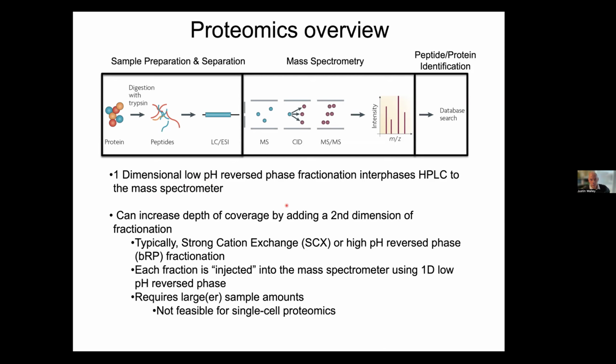If you're doing bulk proteomics, you can add other dimensions of fractionation to increase proteome depth. There simply isn't enough sample in a single cell to add these other dimensions of fractionation. So again, everything that's used is one-dimensional fractionation, and folks play with the flow rates, but there's not a lot that's changing between different approaches for single cell proteomics with that. So I'm not going to touch any more on separation.